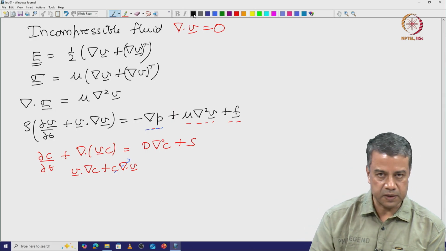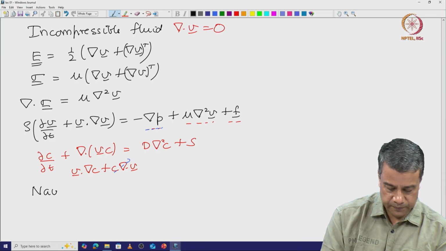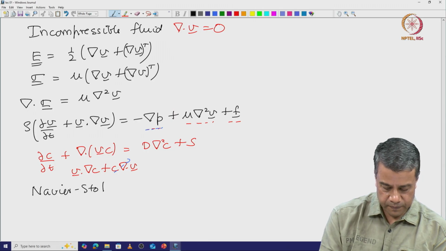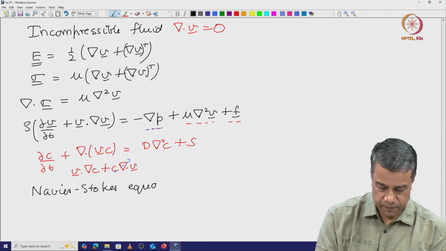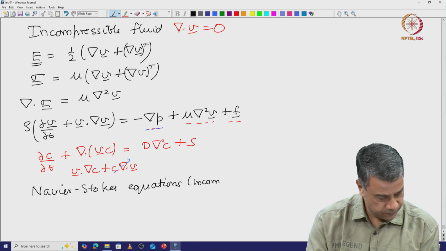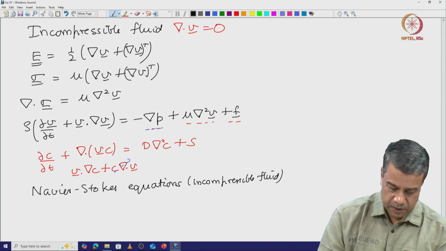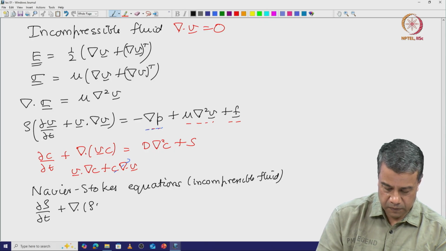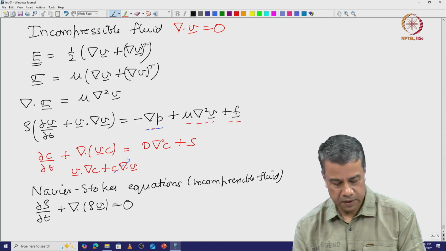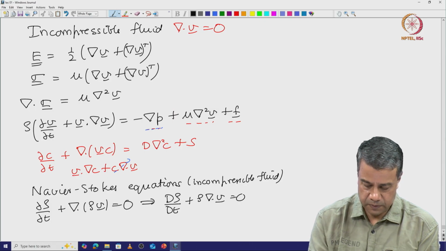So, these are the Navier-Stokes equations: mass conservation equation and momentum conservation equation. I will write them again for you. For an incompressible fluid, mass conservation: partial rho by partial t plus del dot rho v is equal to 0. Alternatively, d rho by dt plus rho divergence of velocity is equal to 0.